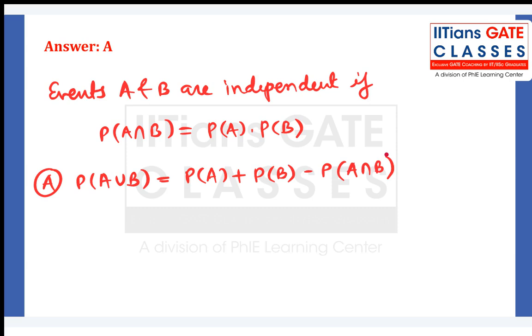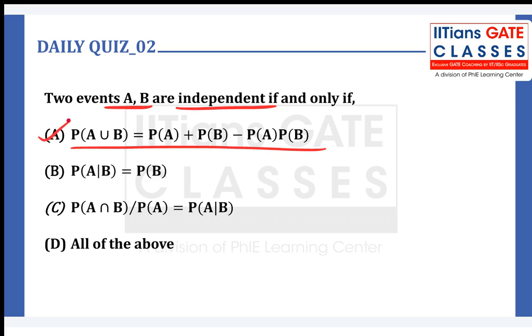If the events are independent, you can write this as minus PA PB, which is your option A. So it is a correct option. Let's verify the other options too, but it's clear that option A is the correct answer.